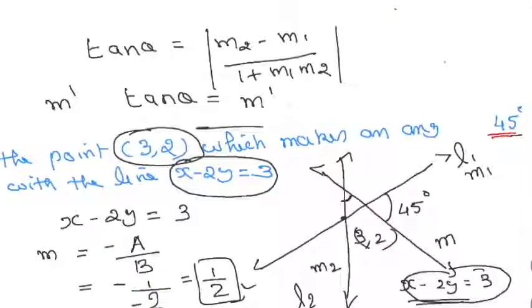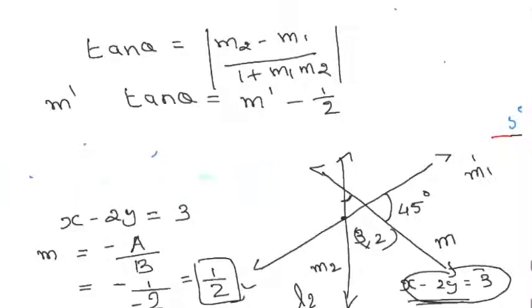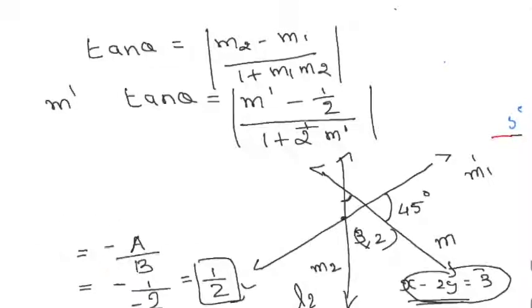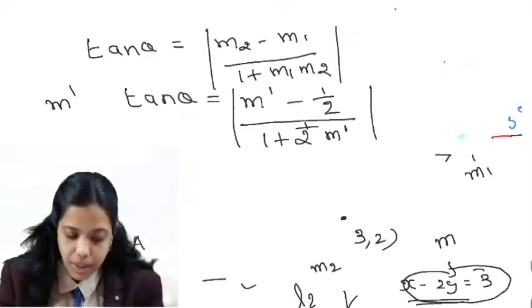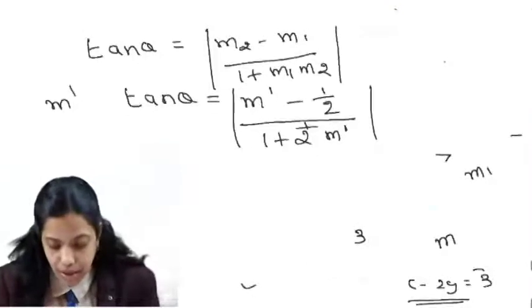So I am writing tan theta equals m dash minus 1 by 2, the whole upon 1 plus 1 by 2 times m dash, that is, m dash minus half upon 1 plus half m dash.